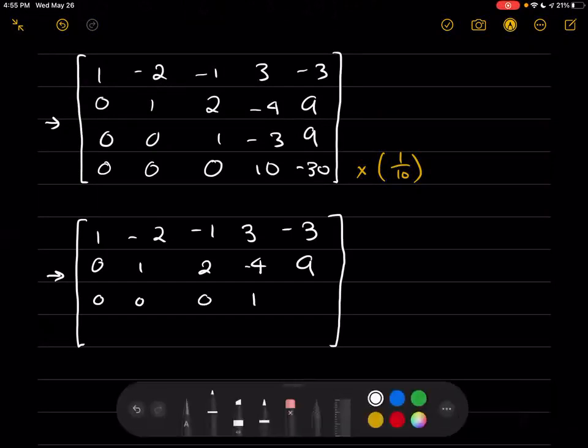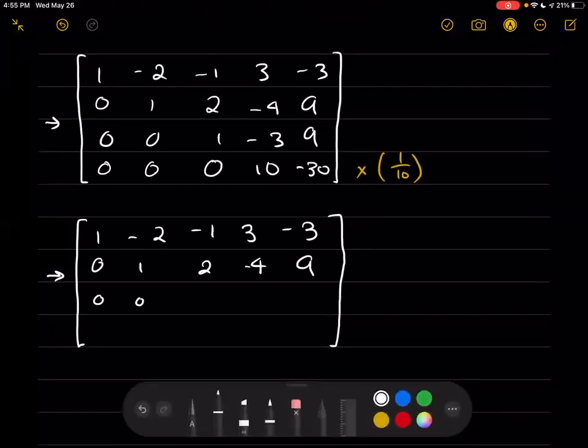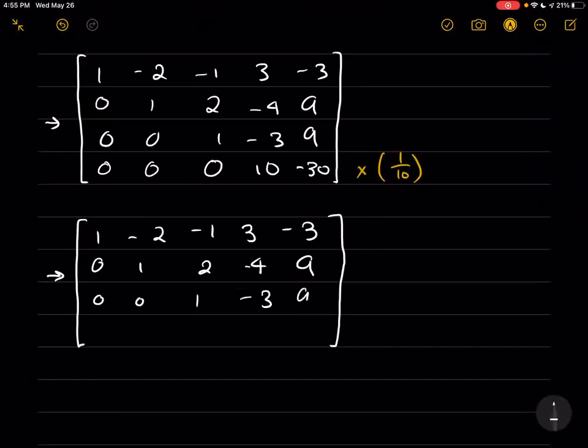So 10 divided by 10 is 1, and then I think we get -3. All right. So this is in row echelon form.